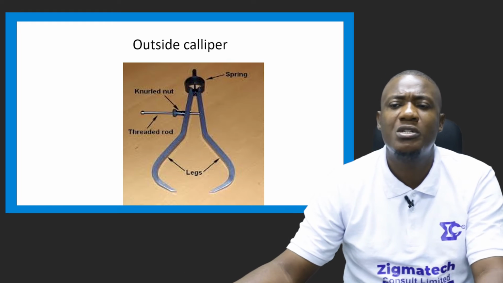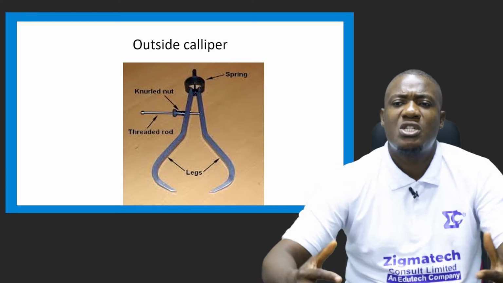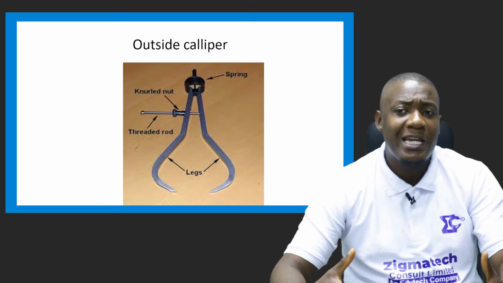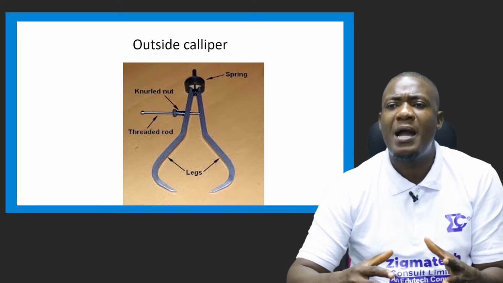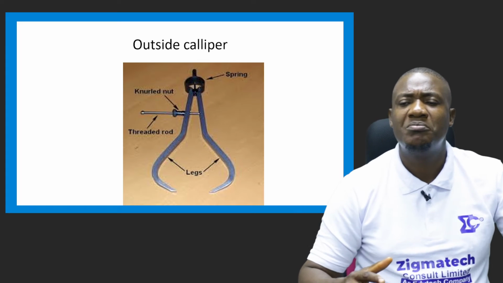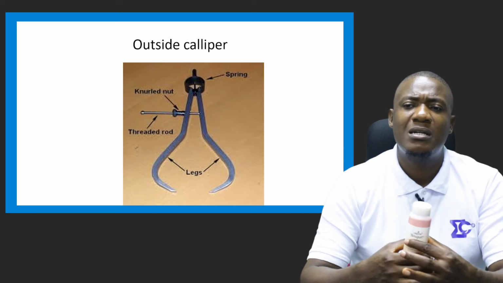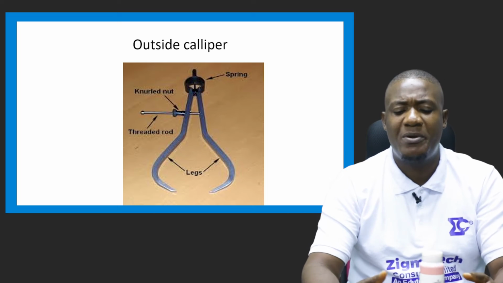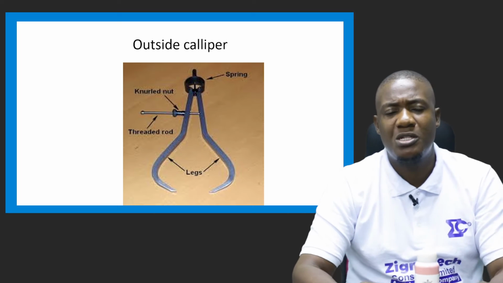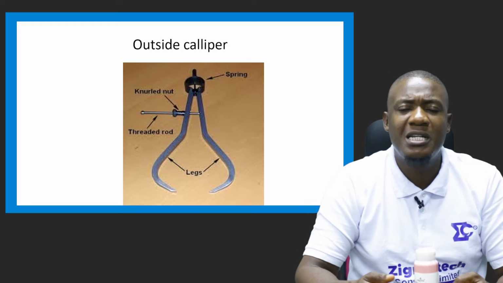So we also have another caliper here. I told you before, this is the outside caliper. You see the way it is called like a bow leg. If you want to determine this diameter, all you need to do is put this caliper here, adjust it with the knurling knob until it clips it firmly.